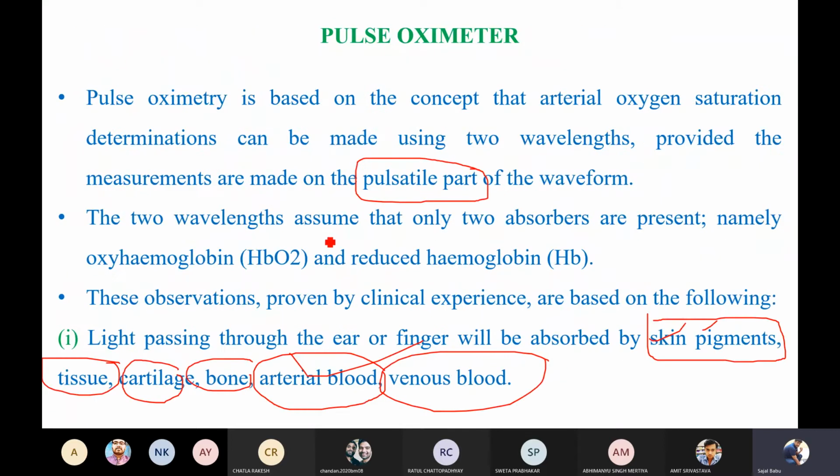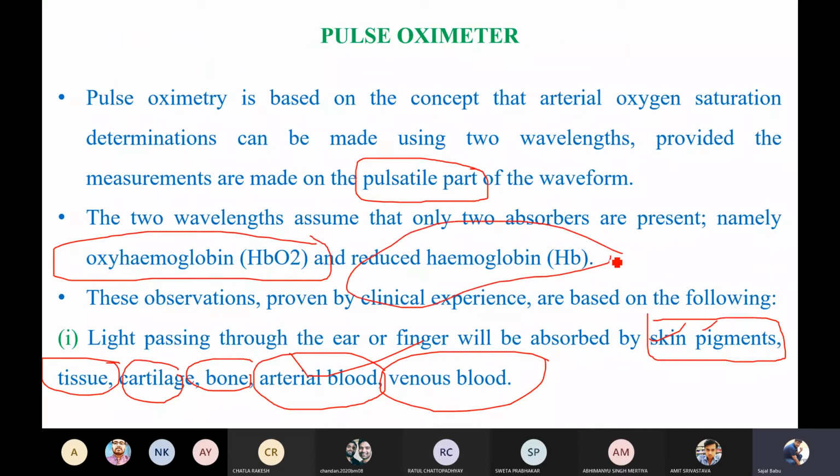This is the reason why I considered only two observers: one will be oxyhemoglobin and one will be deoxyhemoglobin. At the time of explaining the pulse oximeter, I clearly gave you the statement that I will consider the pulsating part of my waveform.